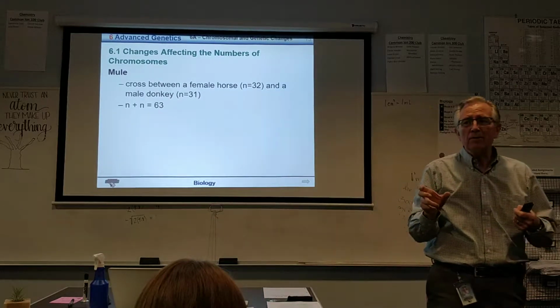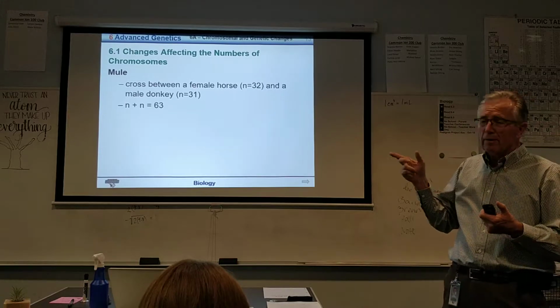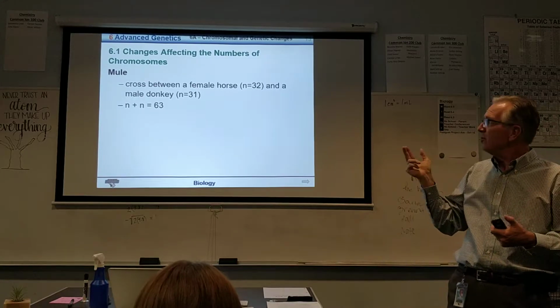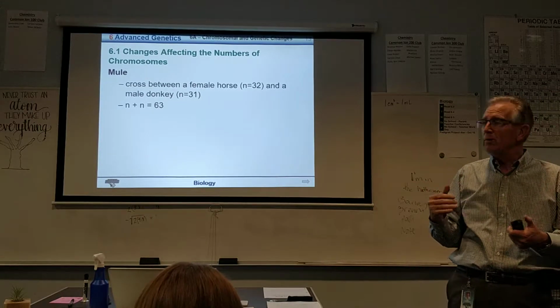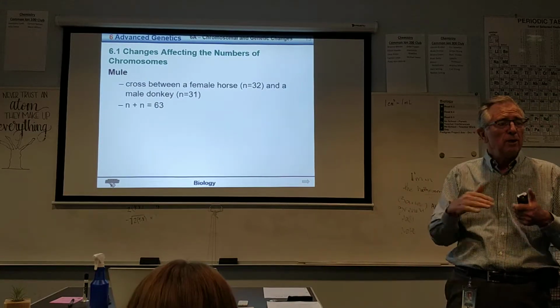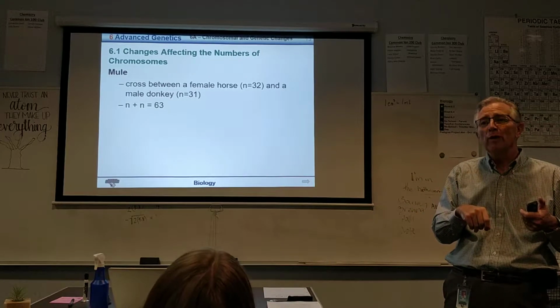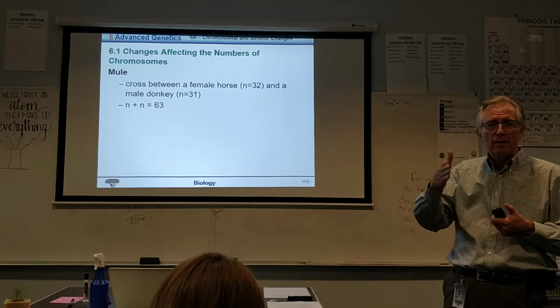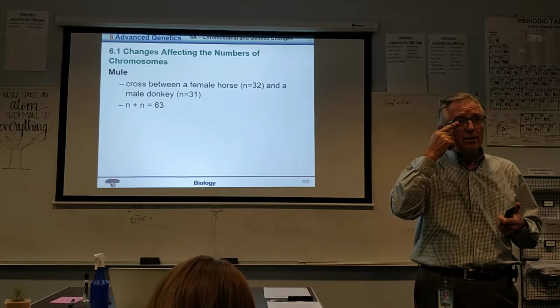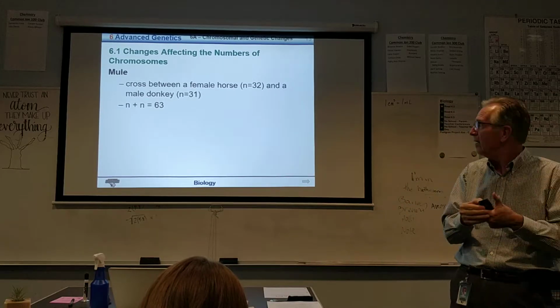We add those two together: the horse's 2n number would be 64, the donkey's 2n number would be 62, but they end up with one in between, 63. So one side only has 31, the other side has 32, so that's how we get the 63.